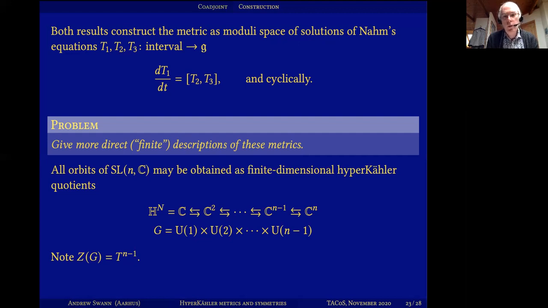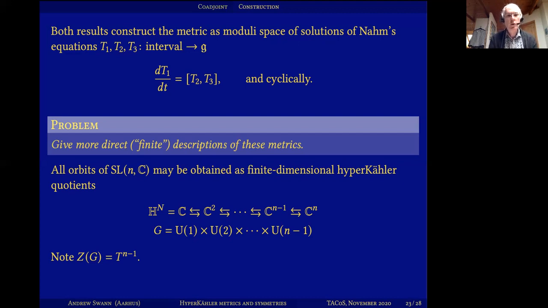You want an object at the end which is an orbit for the complex group SL_n C. So you shouldn't quotient out by that, but you can quotient out by all the other ones. So you take the product U(1), U(2), up to U(n-1) that acts on these spaces, so it acts on the maps as well and gives you a hyperkähler action on H^N. And then you can build the moment map, and you can take quotients. There are some constants you can add into the moment map corresponding to the center.